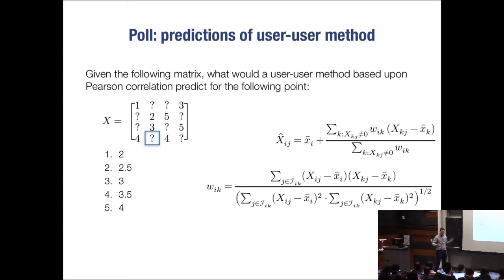You can debate how you want to do it, but the assumption here is that because their mean is higher, we're going to subtract their rating from the mean. Their mean is 4 instead of 3.5.